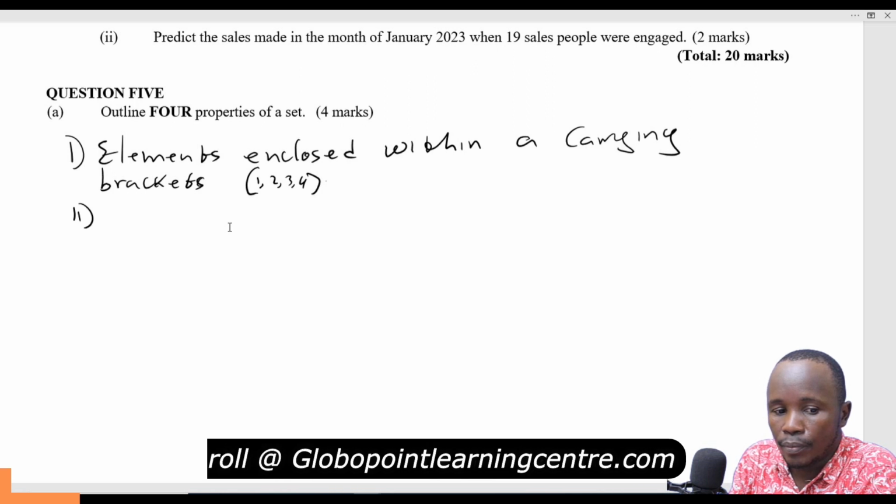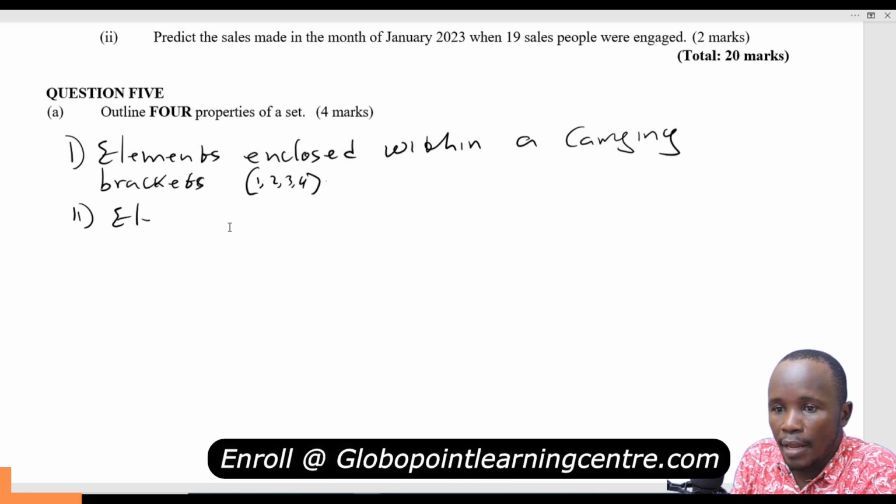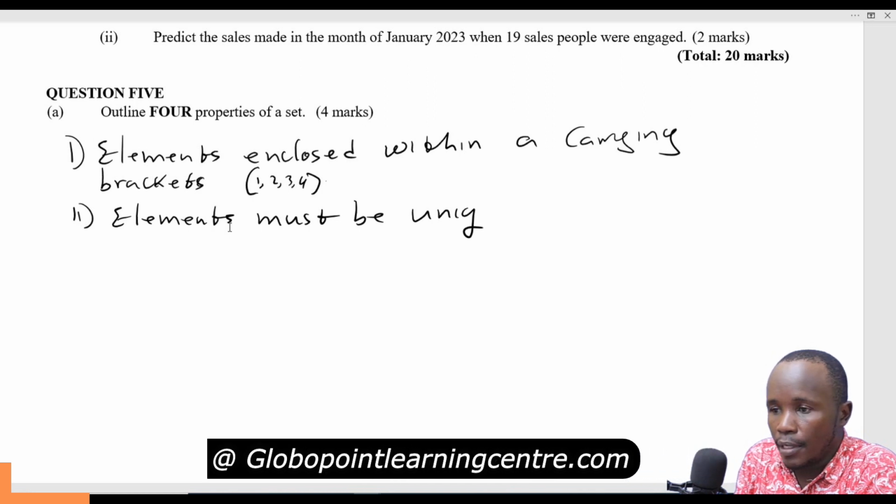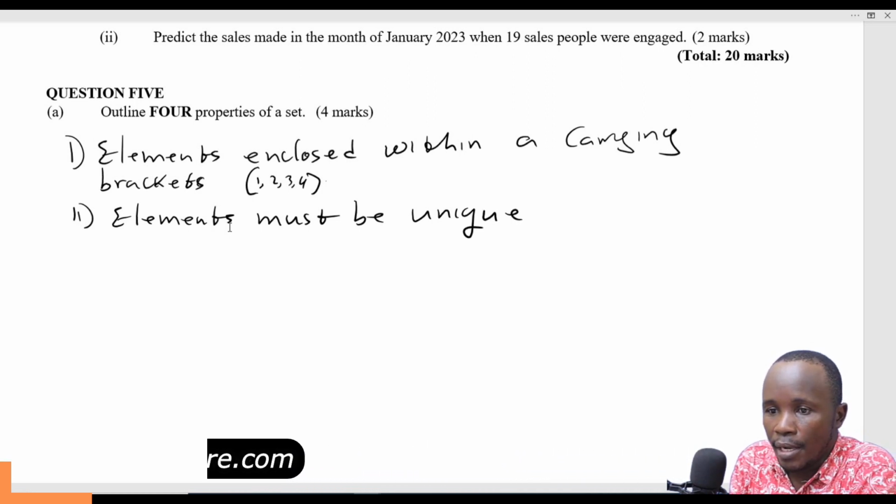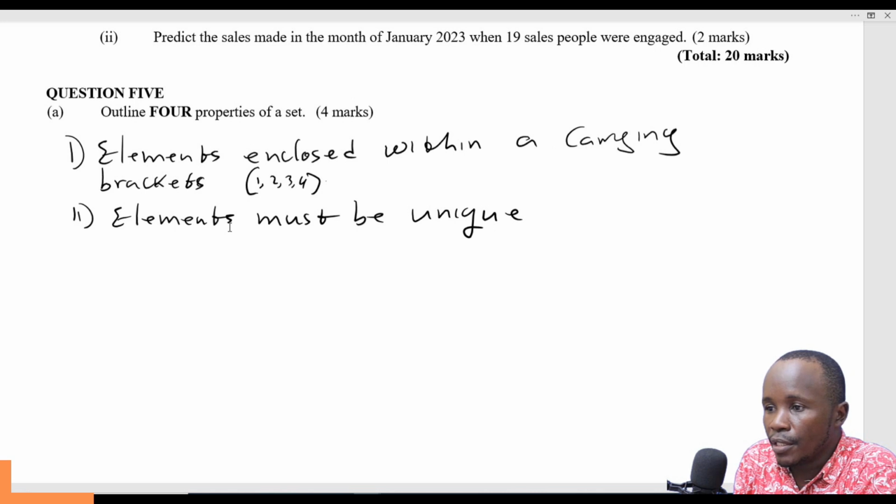2, elements must be unique. By unique means that there is no repetition.